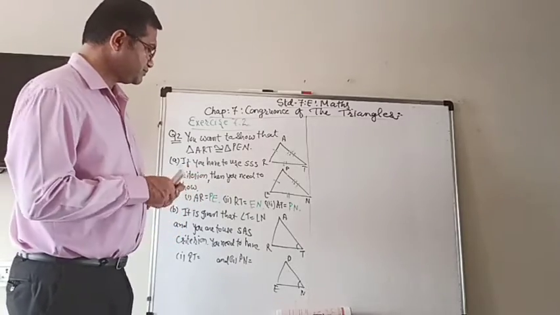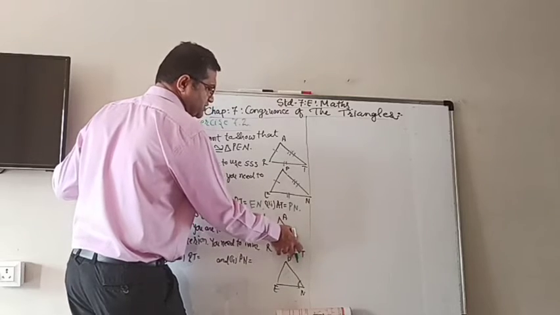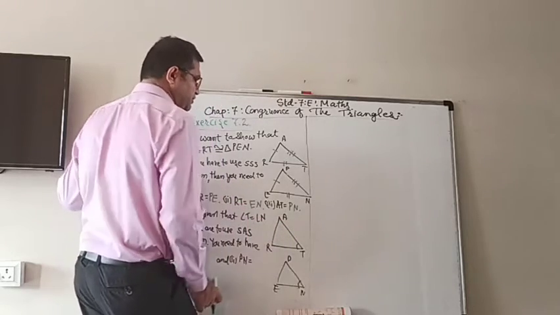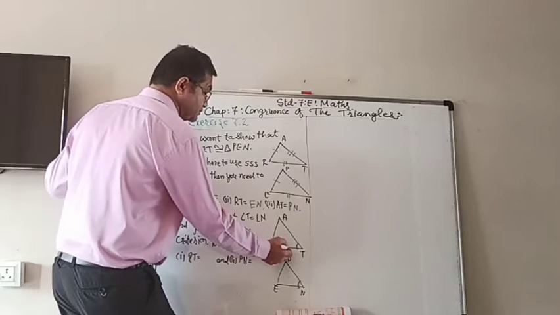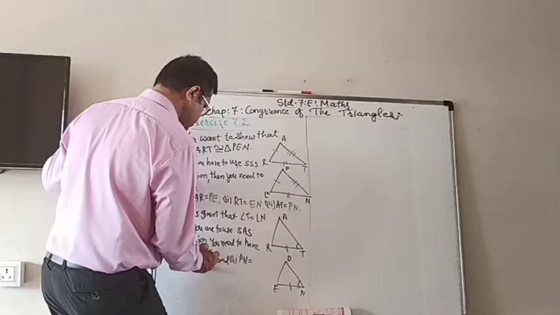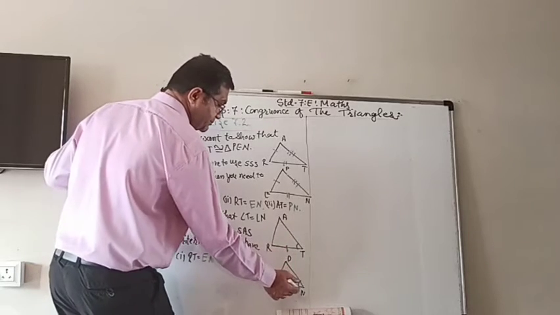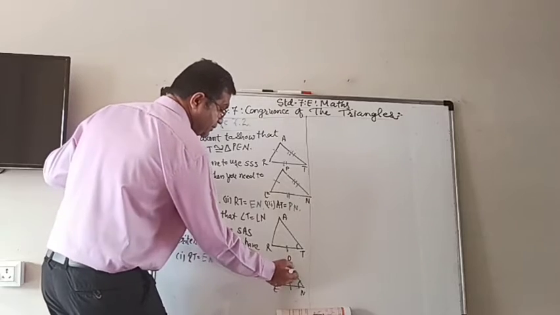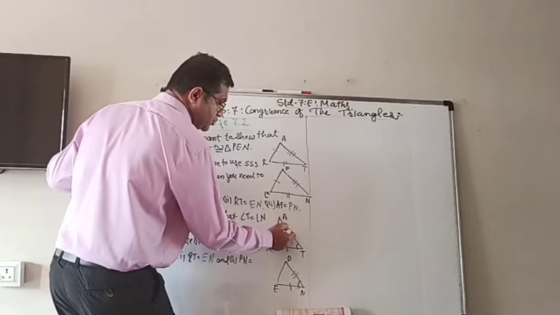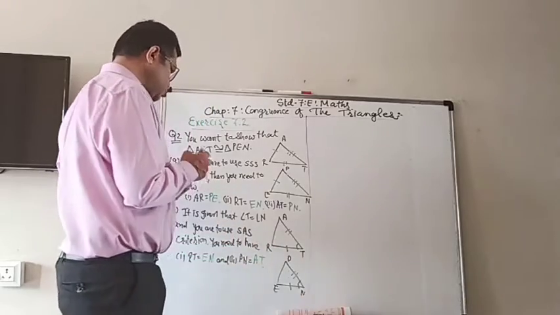So here the angle is given. So these two sides are such that T and N can be the included angle. So RT must be equal to EN. So RT is equal to EN. And PN means this one must be equal to AT. So PN is equal to AT.